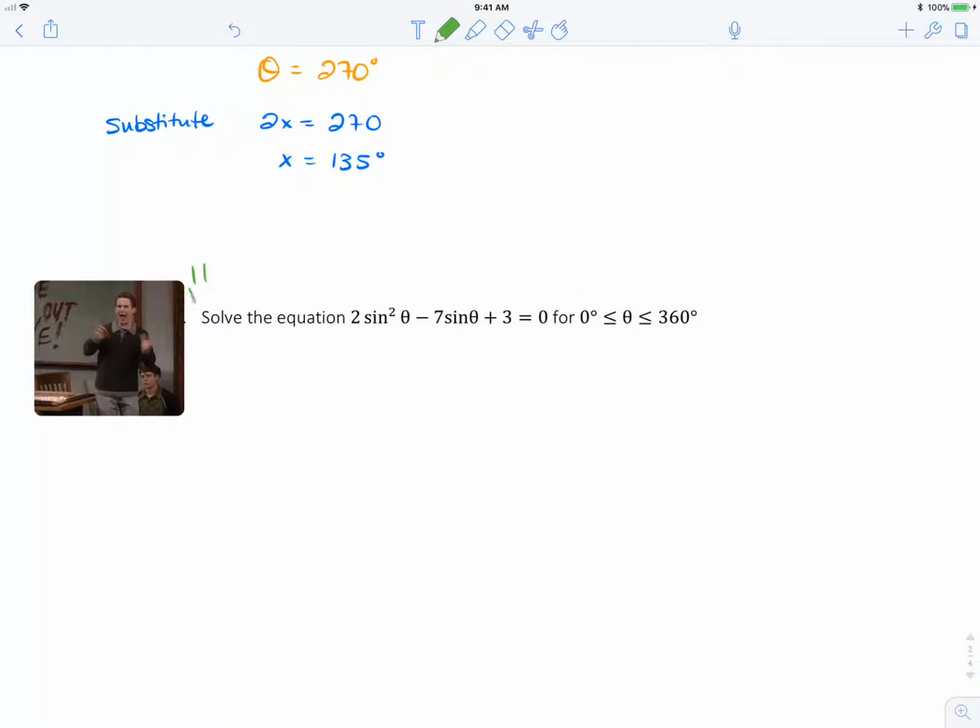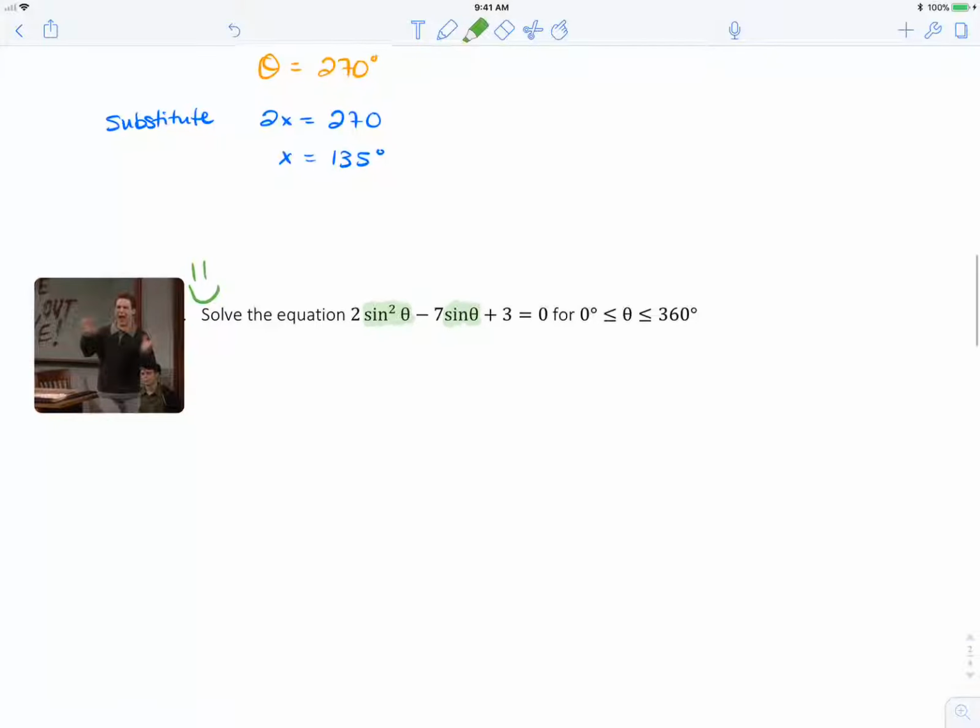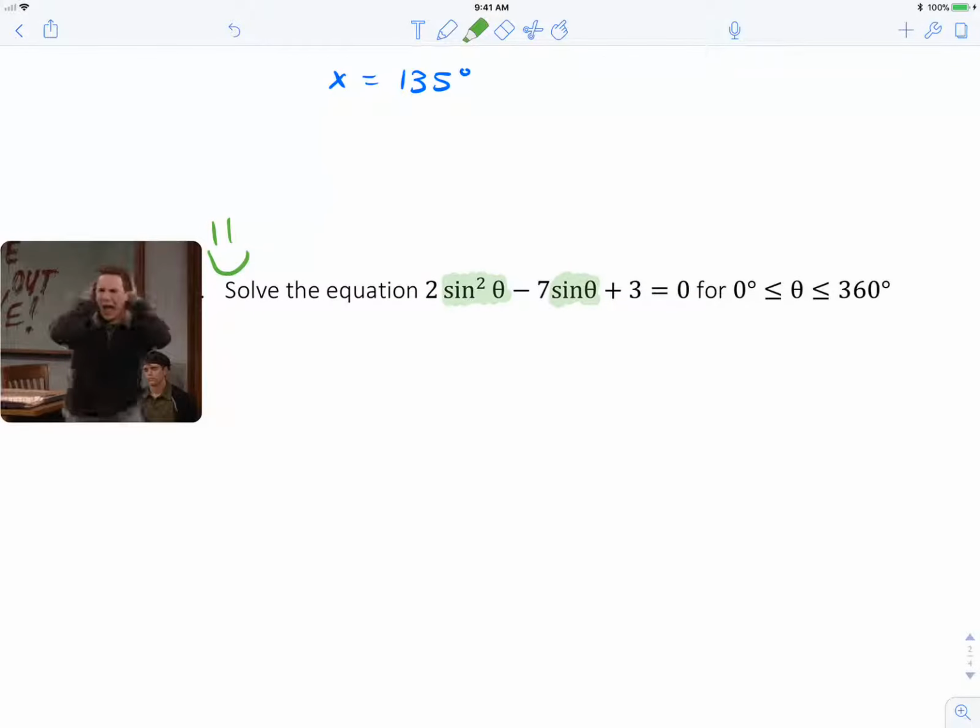Okay, make yourself smile, because this, although looks frightening, can really be turned into something quite nice. The first thing that you need to recognize, and this is probably something a little new, is this notation. It's sine squared theta, and it's the sine of theta all squared. It's the same thing as sine theta times sine theta.